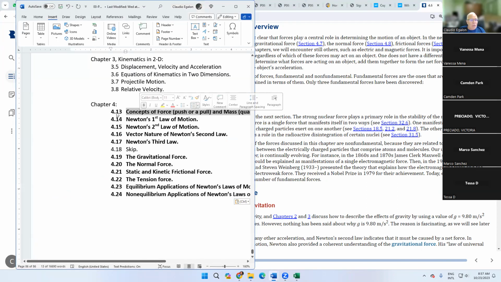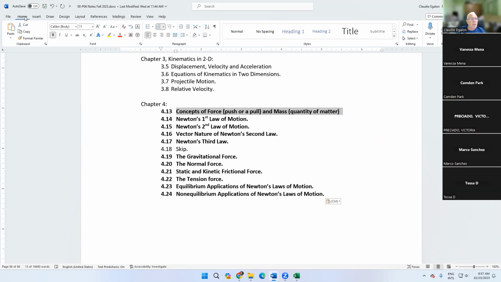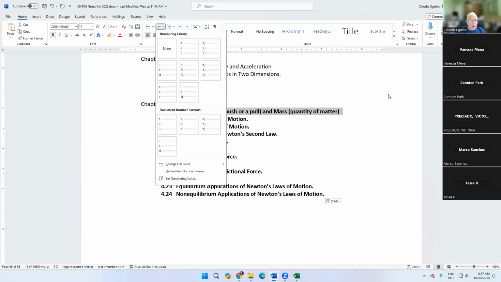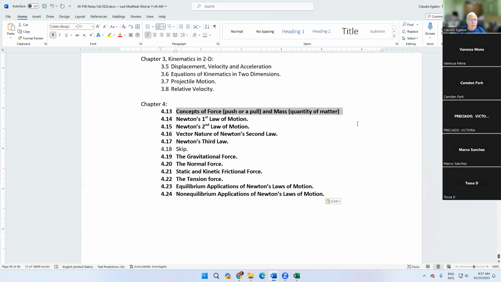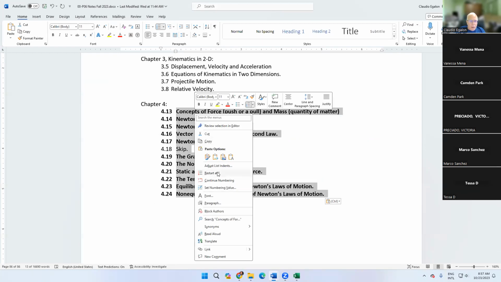For some reason my notes here started at 4.13. You shouldn't do that. I think I can fix it. Yeah, okay.